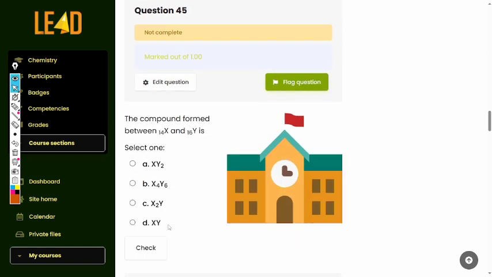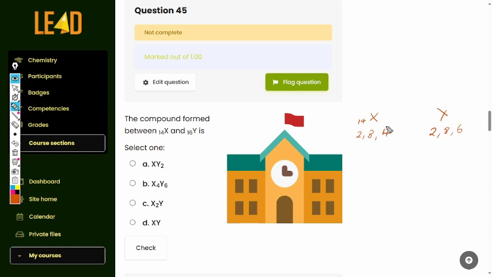45. A compound formed between X and Y is... so we have the atomic numbers for X and Y. What we do is we find their combining power. So X having 14 electrons would be 2,8,4, and then Y having 16 electrons would be 2,8,6.